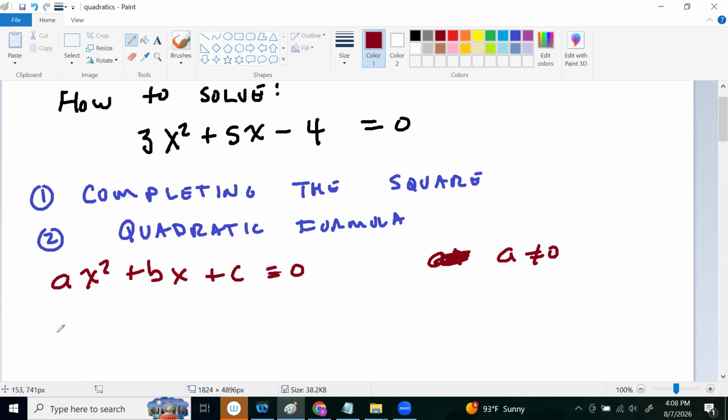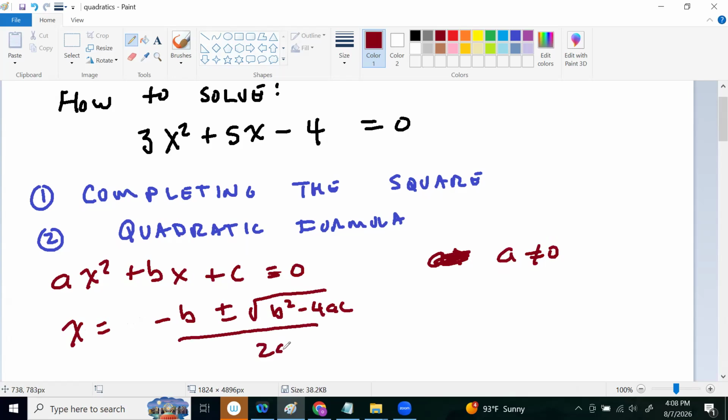The solution is given by x is equal to minus b plus or minus the square root of b squared minus 4ac over 2a. And b squared minus 4ac is called the discriminant.